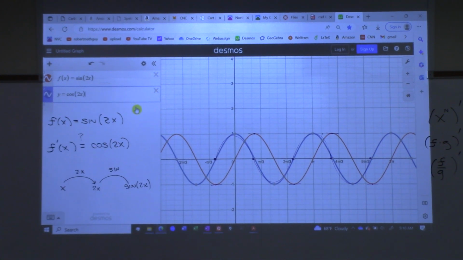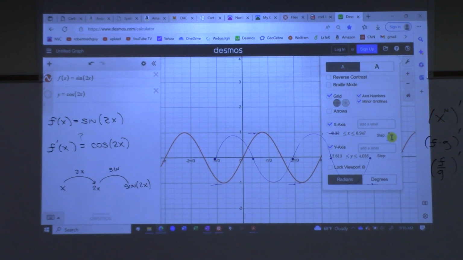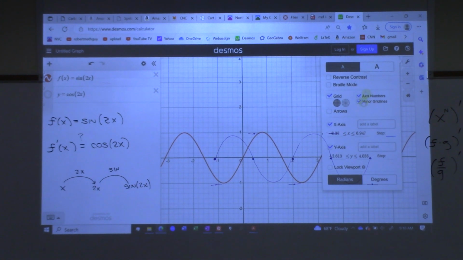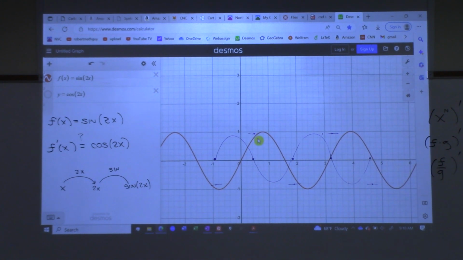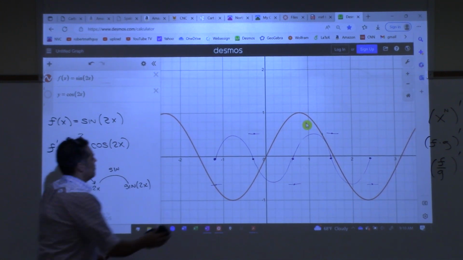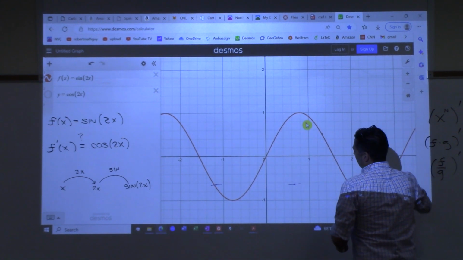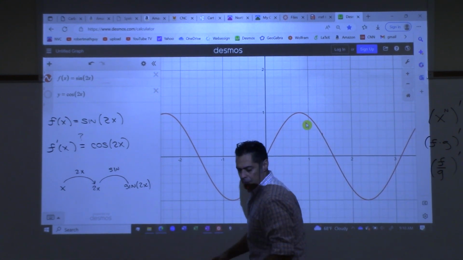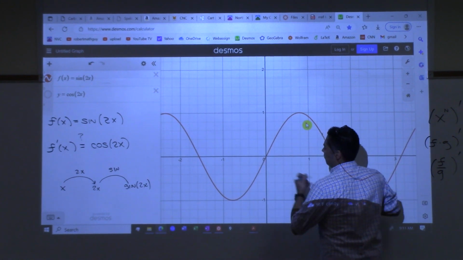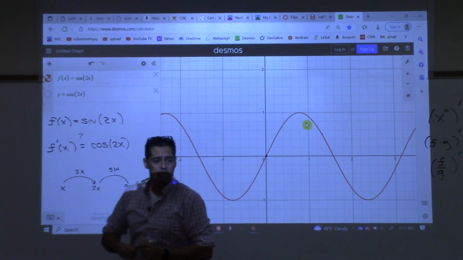Let me hide this for a second. I want us to look at this. I'm going to zoom in on this right here. Right here at this point, the slope of the tangent line there is positive, isn't it?